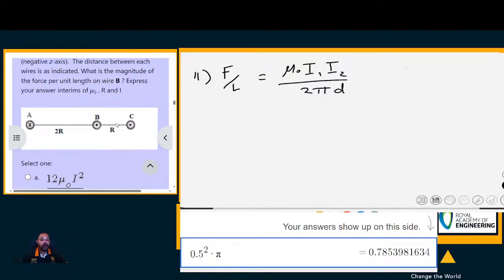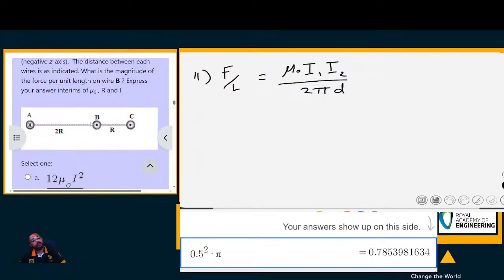If the currents are flowing in the same direction, it is repulsive. If they flow in opposite directions, it is attractive. The wires repel each other due to the magnetic force of repulsion if currents flow in the same direction, and they attract if the currents flow in opposite directions.